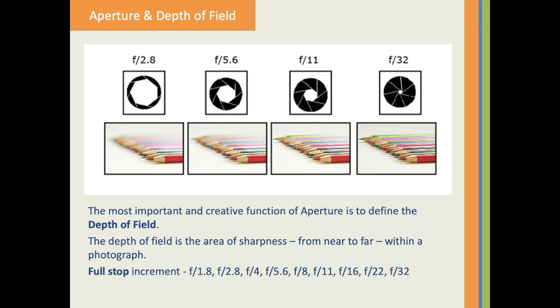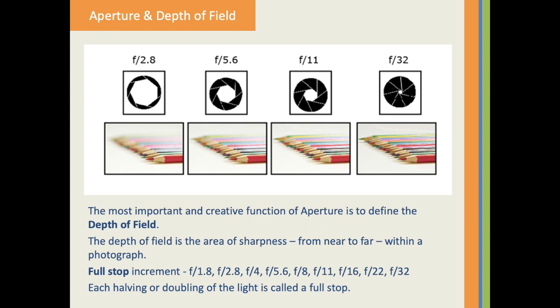So what happens when you go up by a full stop? Well, when you go up from f2.8 to f4, you are going to reduce the hole of your aperture, and you are basically going to cut in half the light that is entering the camera. Reversely, when you stop down from f4 to f2.8, you are going to increase your hole to where you are going to double the light that is entering the camera.